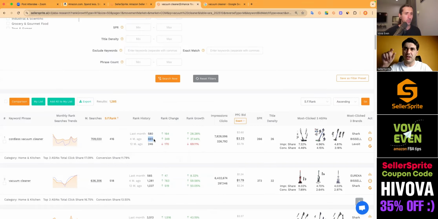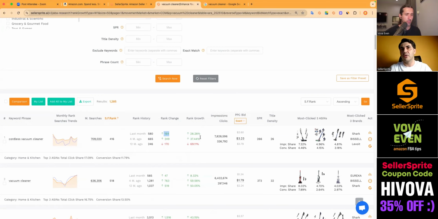Smaller is better, it means the keyword search volume is higher. So recently, rank changed, it went to 580 from probably 400. So it means this keyword's search volume went down a little bit.